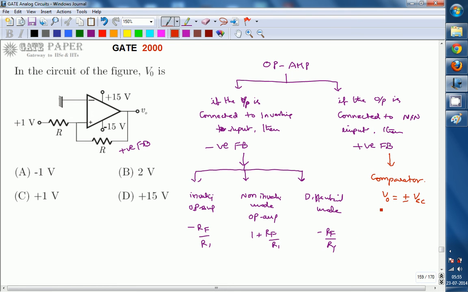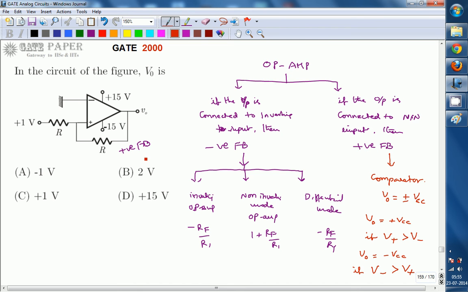V0 is equal to plus VCC if the voltage at the non-inverting terminal is greater than the voltage at the inverting terminal. Otherwise V0 will be at minus VCC if the voltage at the inverting terminal dominates. So the first step is to check the feedback.